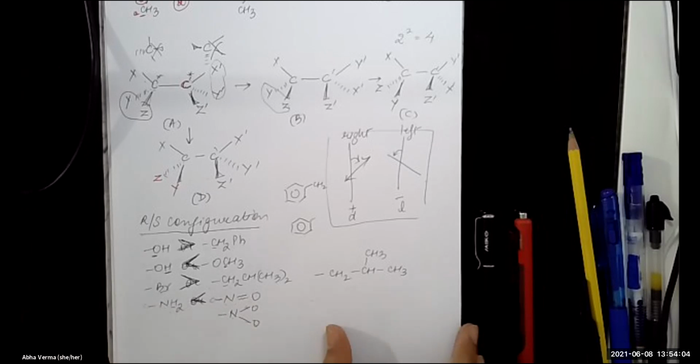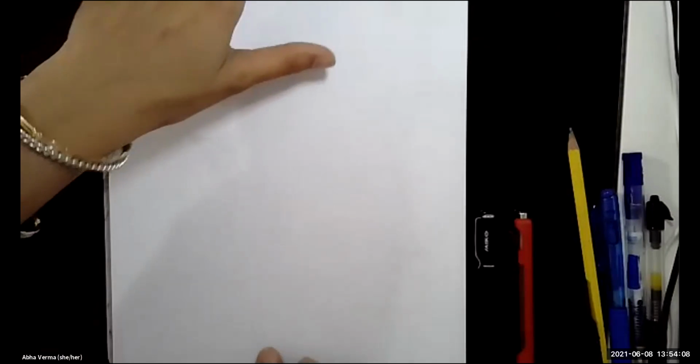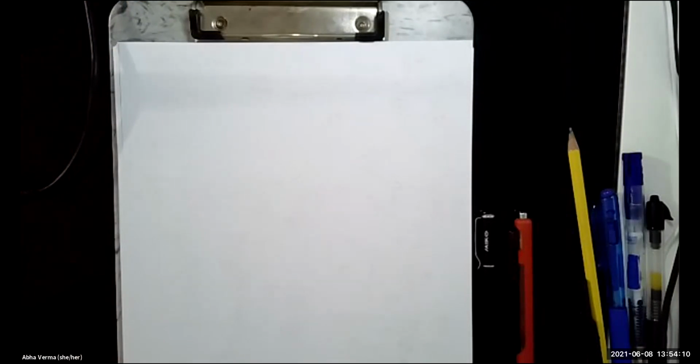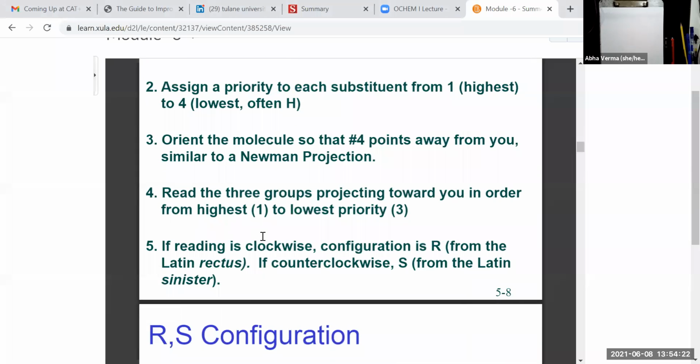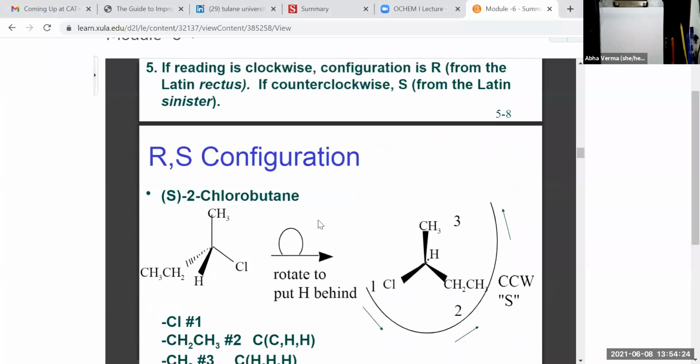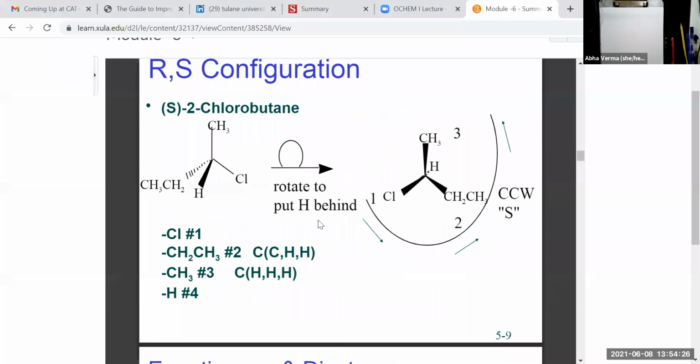So once you figure out your priorities, and you are able to number them, then you have to follow the instructions where we have to assign number 4 at the back. So make sure that your number 4 priority group has to be at the back.